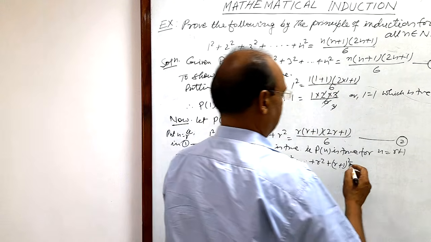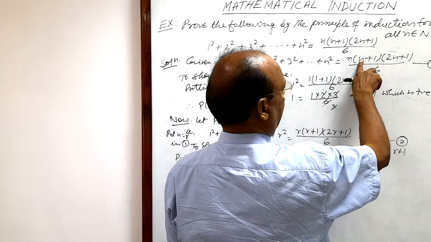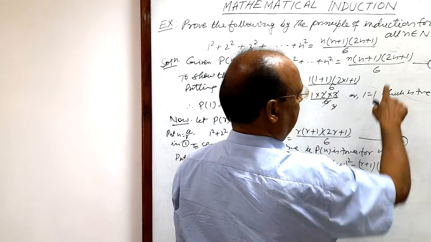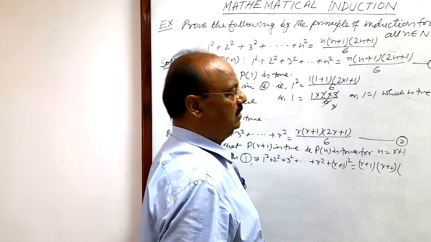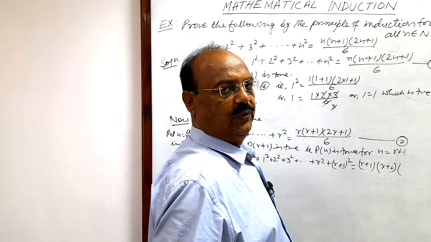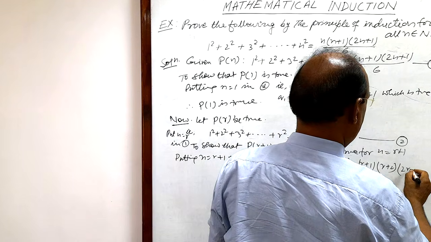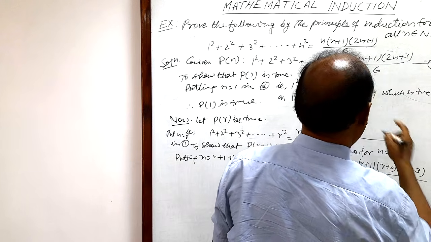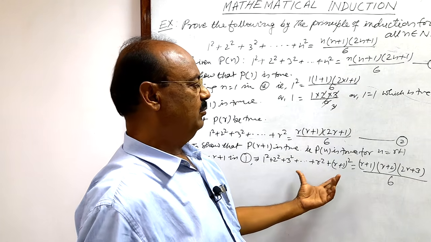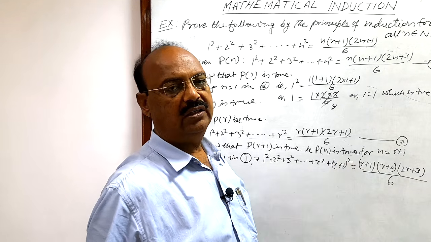So r plus 1, and this is r plus 1 plus 1, so r plus 2, and this is 2 into r plus 1, means 2r plus 2 plus 1, means 2r plus 3, divided by 6. So here we have to establish it. We have to show that LHS and RHS both are equal.